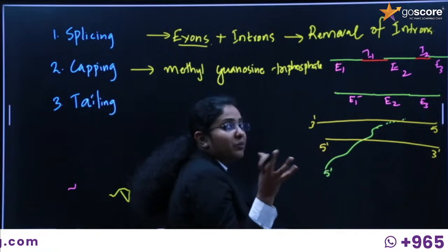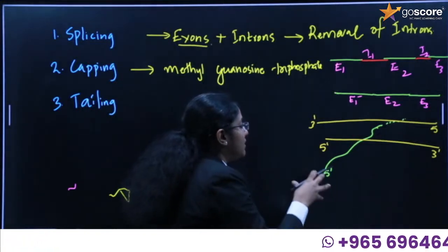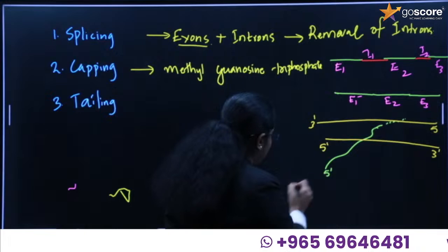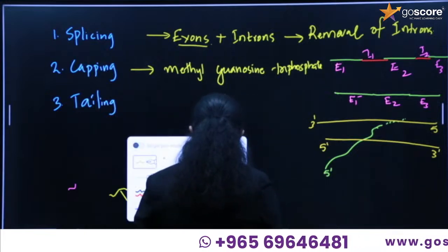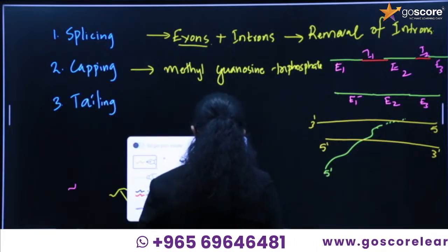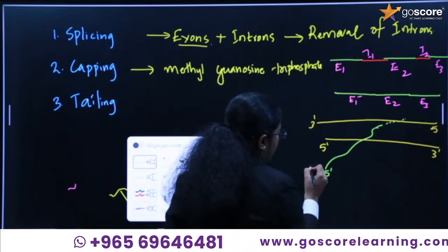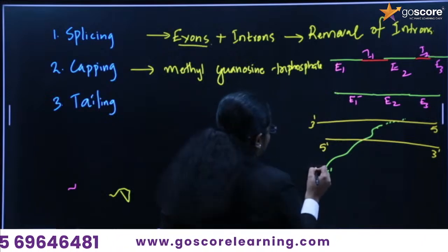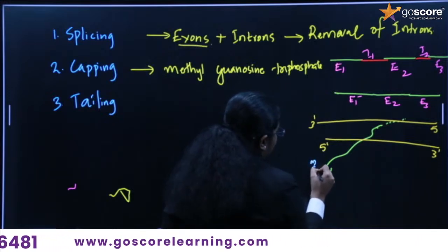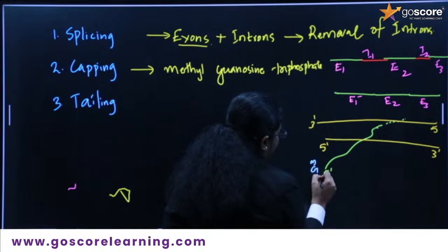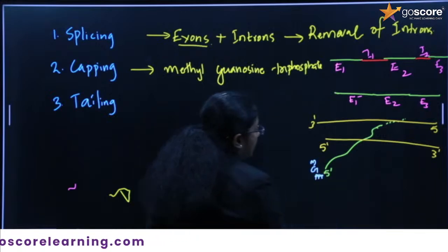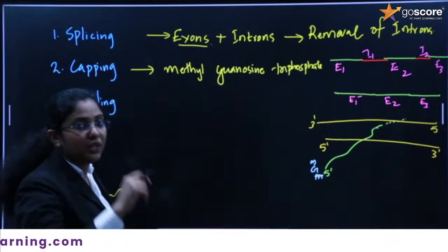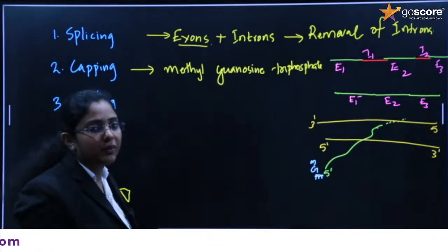In order to protect from exonuclease and endonuclease reactions, we are giving a molecule known as the cap. On the 5' end, methyl guanosine triphosphate is present. It will be acting as a cap.